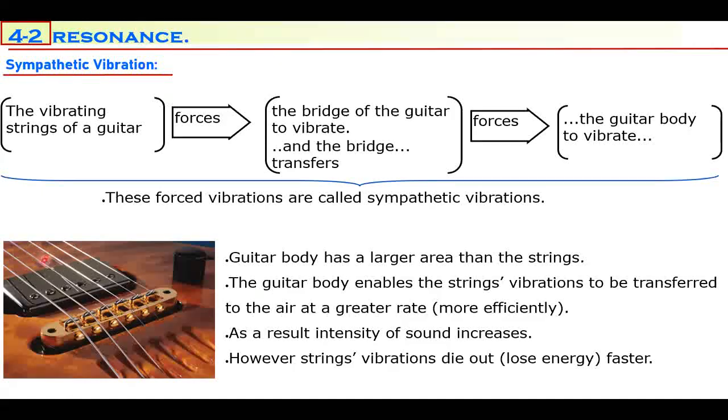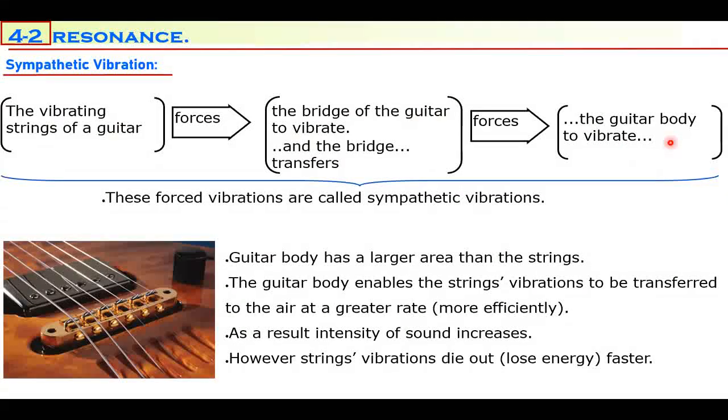The frequency of the vibrating strings forces the bridge to vibrate with the same frequency, and the bridge vibrates the body of the guitar with the same frequency. So the vibrating strings of the guitar force the bridge to vibrate, and the bridge transfers this vibration, or forces the guitar body to vibrate.